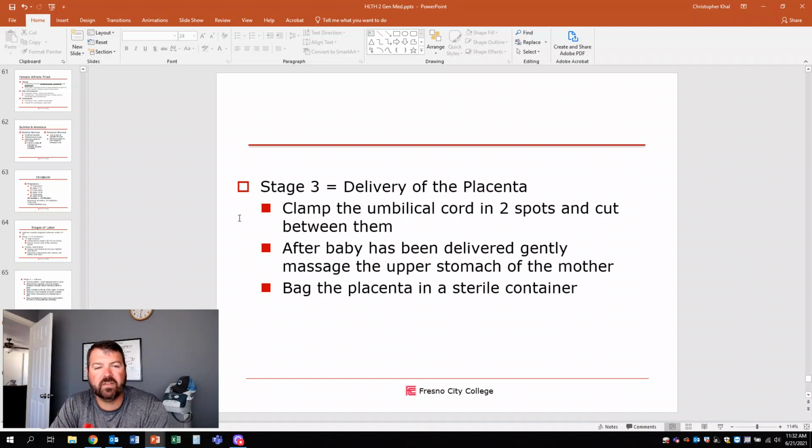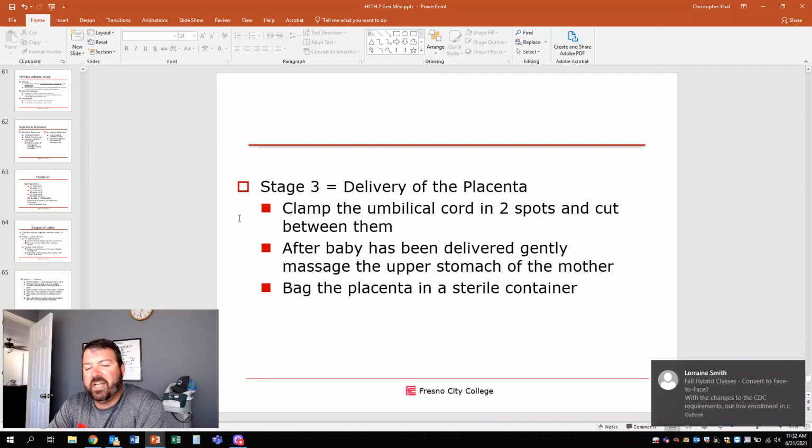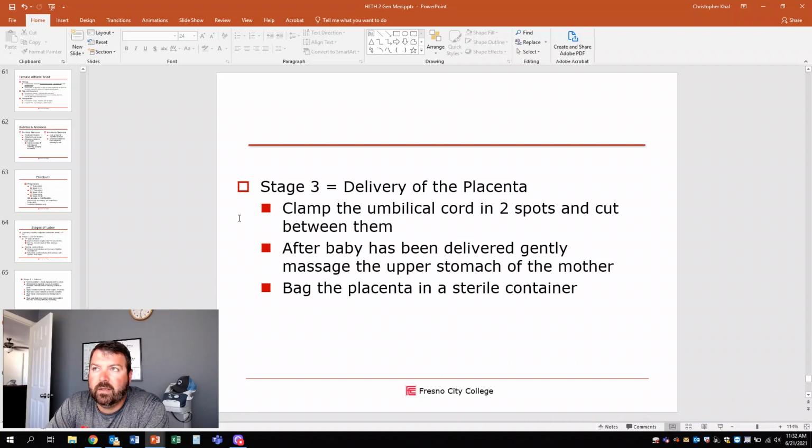It comes out after the fact, and usually you can help it detach a little bit by gently massaging the mother's stomach, gently. It'll detach on its own. It's pretty normal. And that gets delivered. They'll store it because it has a lot of genetic information on there, really, really important for the baby.